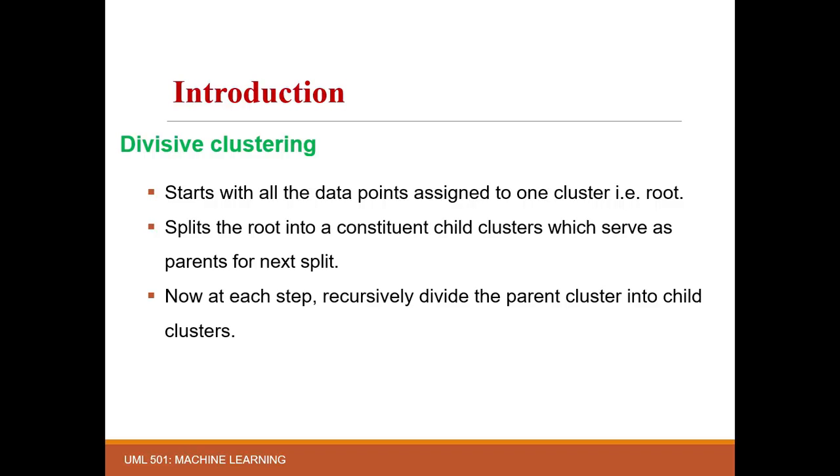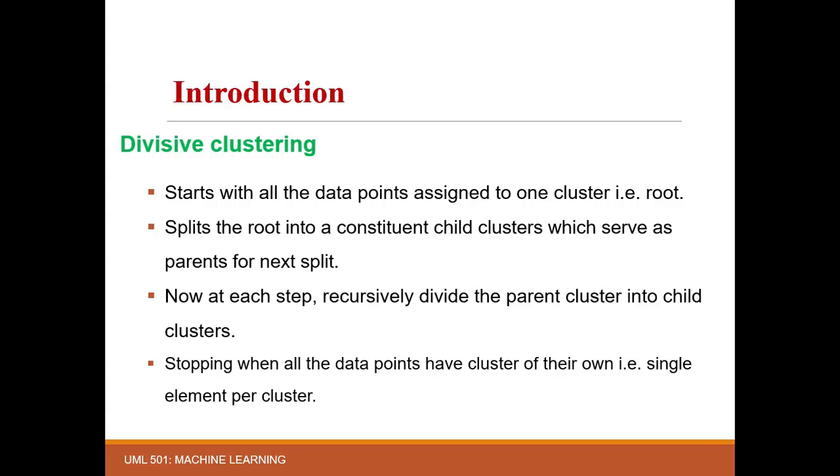At each step, recursively divide the parent cluster into child clusters, and you have to repeat this process until all clusters become separate. That means every data point will serve as a single cluster. It follows the top down approach.